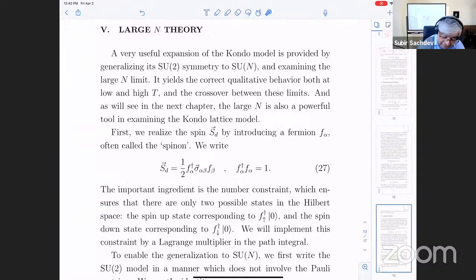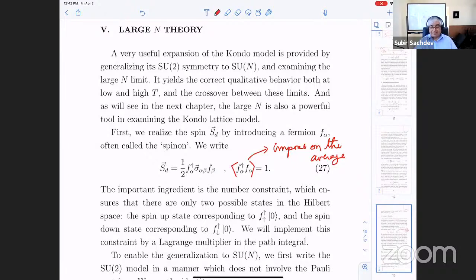The idea simply is that instead of imposing this constraint exactly, we're just going to impose it on the average. We're going to impose that the expectation value of this is equal to 1.